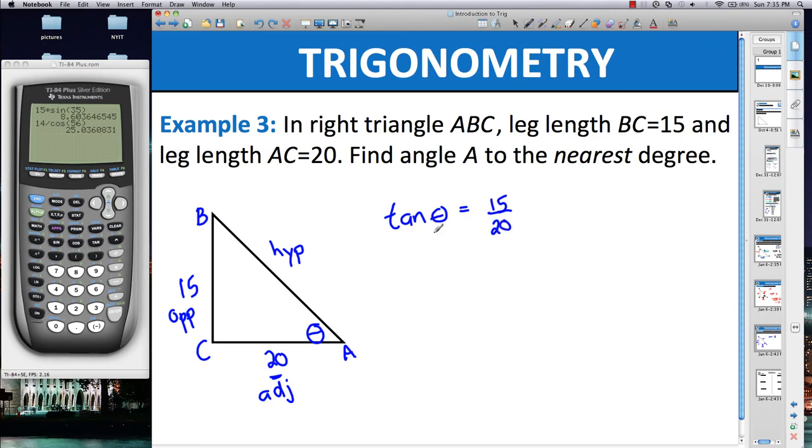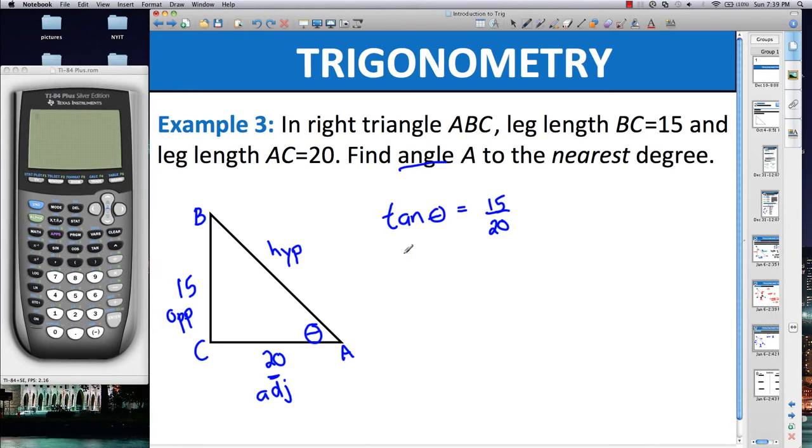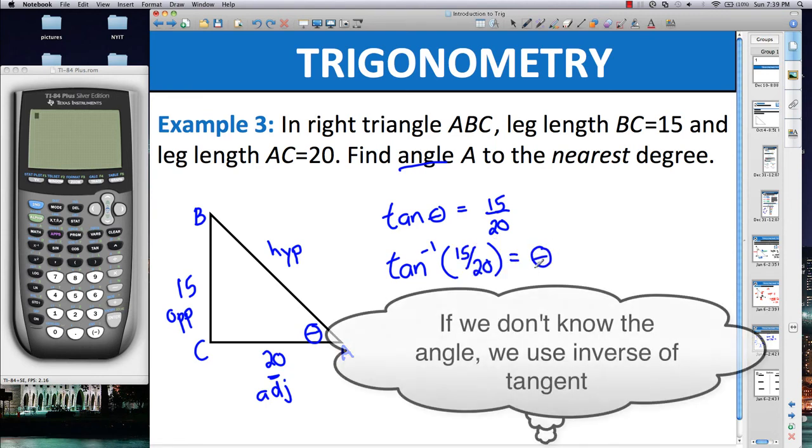What's going to be different about this one is we are solving for an angle. So our keystrokes in our calculator will be a little different. What we want to do is tan inverse of 15 over 20 equals the angle.